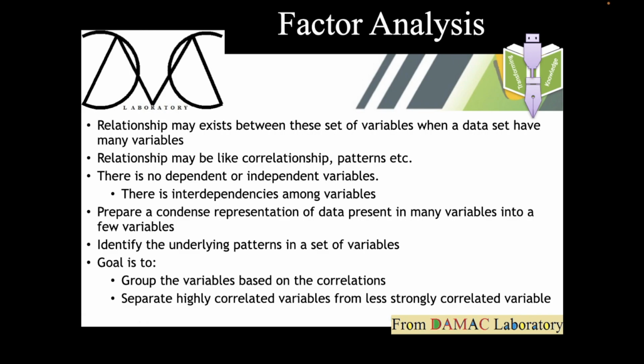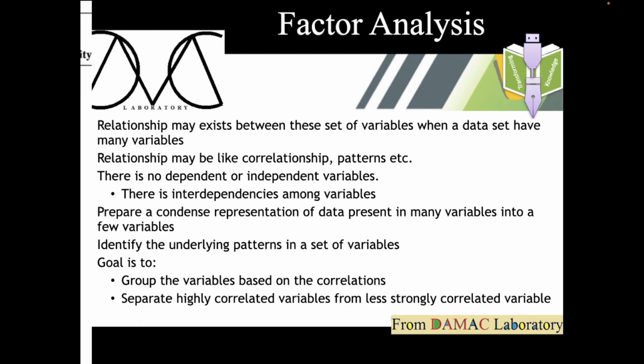Among those 100 attributes, we look at what patterns there are, and then we group those variables based on their correlations, where the attributes in a group are highly correlated compared to the others.